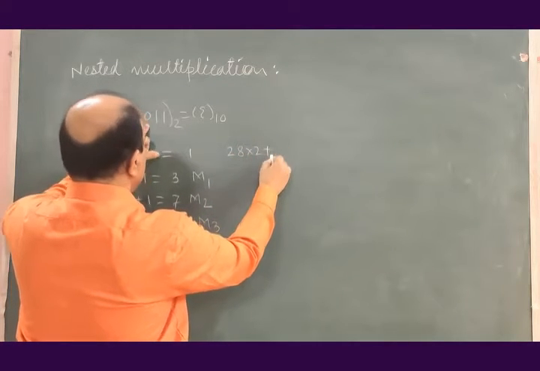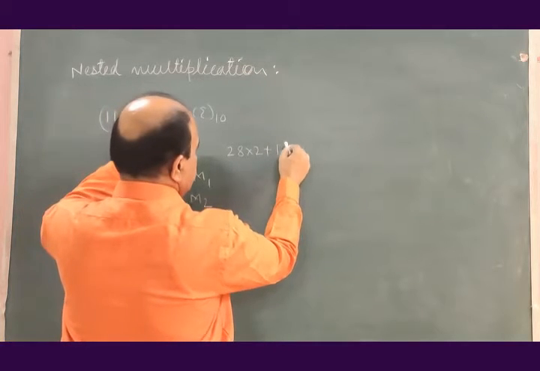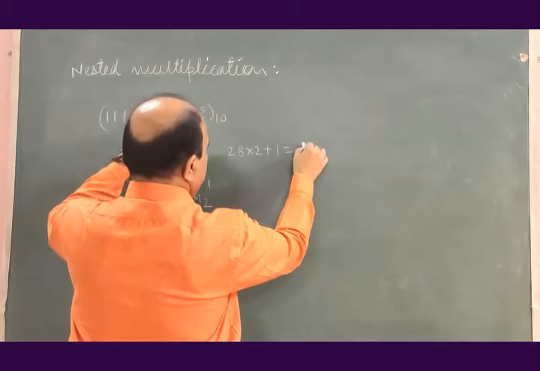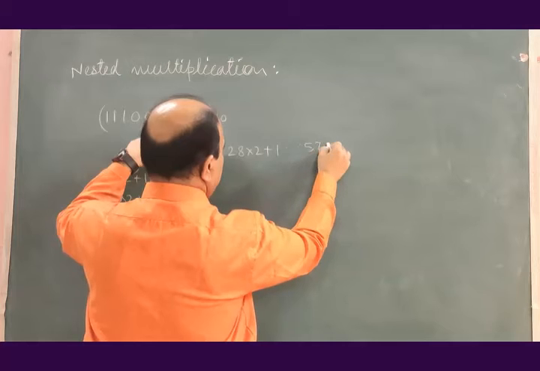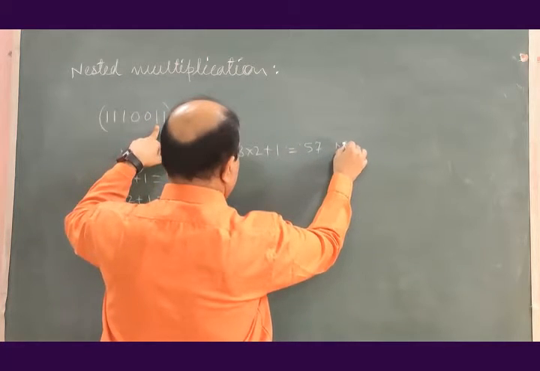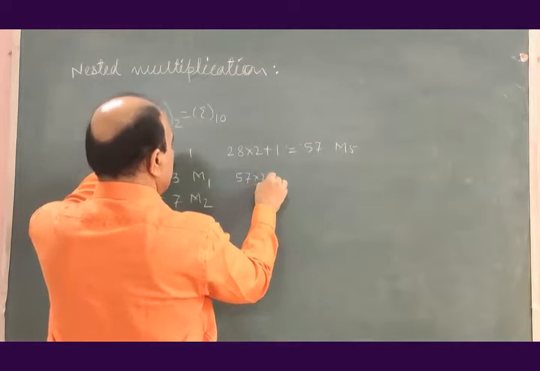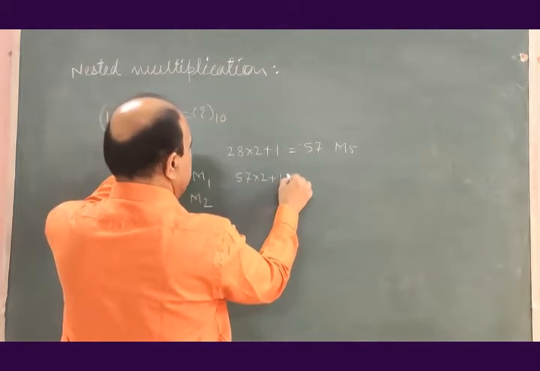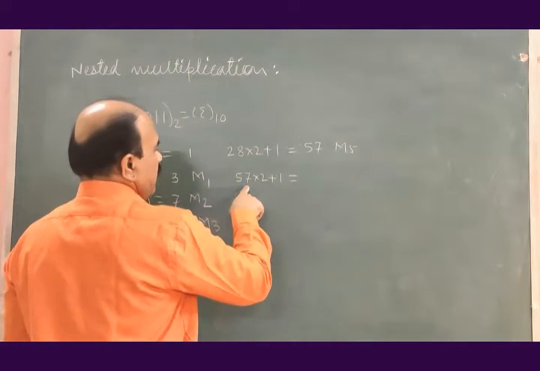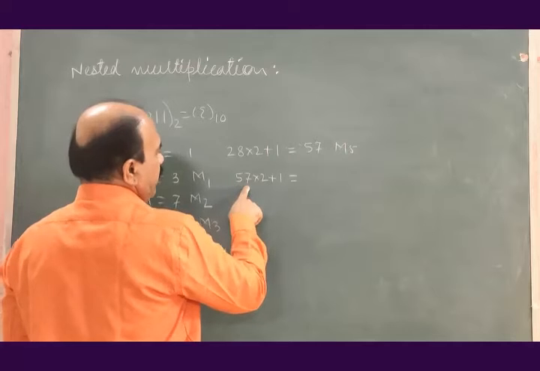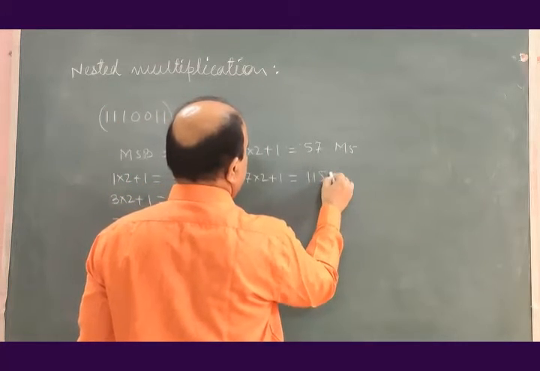28 into 2 plus next bit, and this is 57, M5. 57 into 2 plus last bit LSB, and that is 114 plus 1, 115.